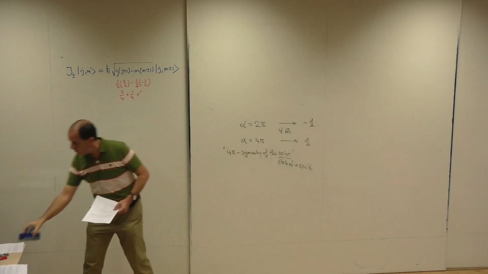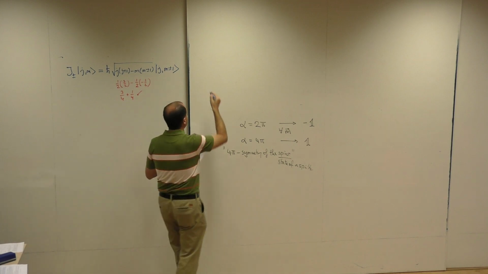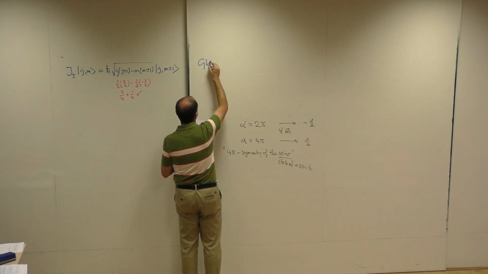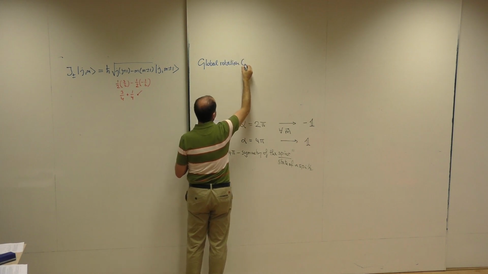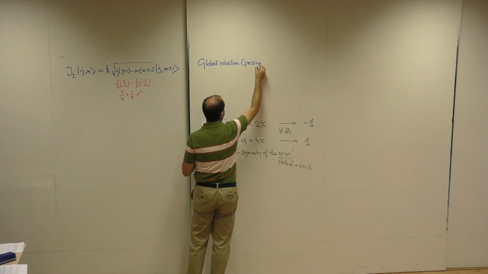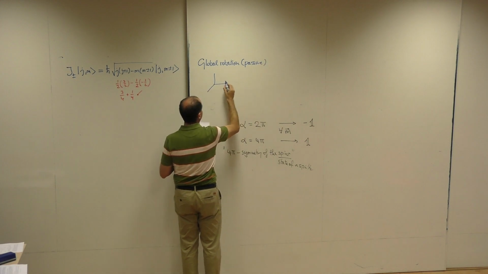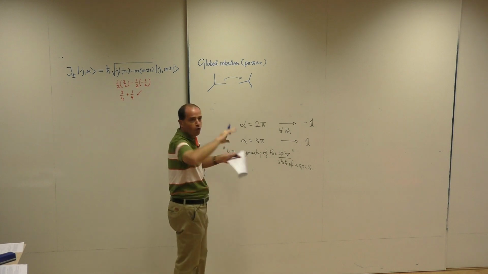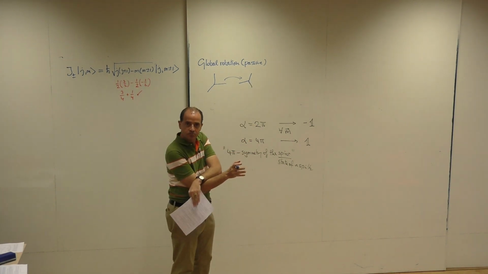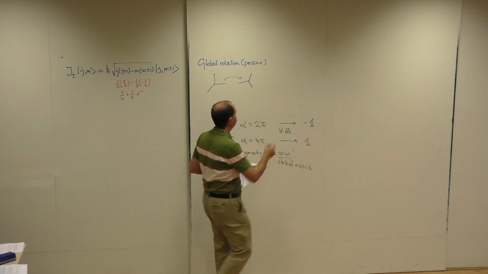So, if I do a global rotation, for instance a passive one, this is the case I was telling you before, right? I go from here to here. The whole space rotates. Then what happens?